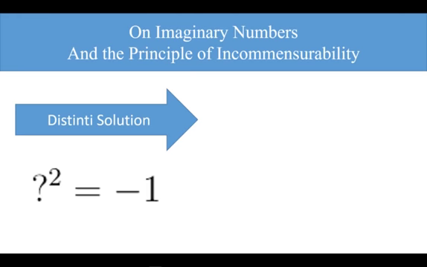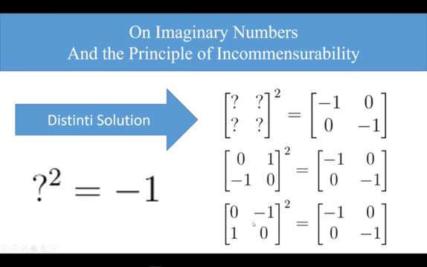Notice that all the entries within the matrix are real values. No imaginary values are required. Now here's the cool part. These two matrices are functionally identical to the imaginary numbers. They perform the exact same function.